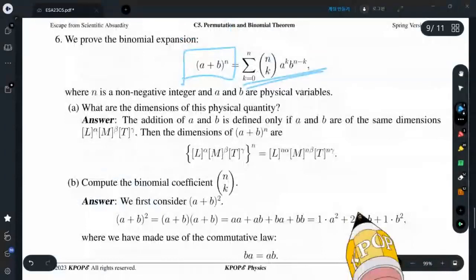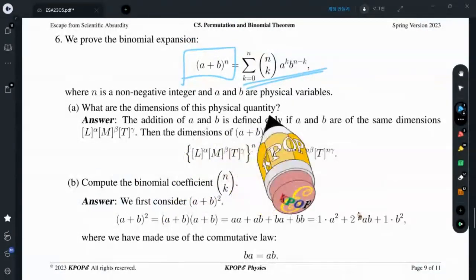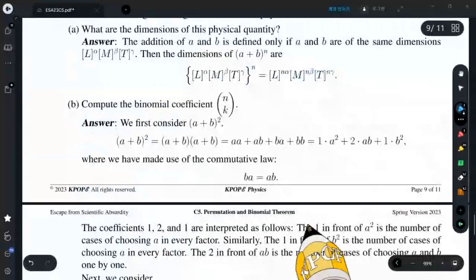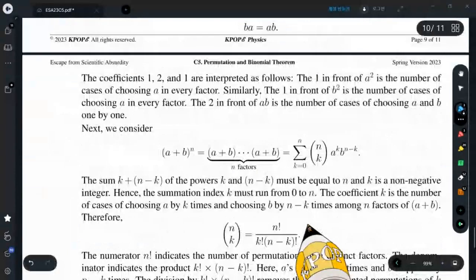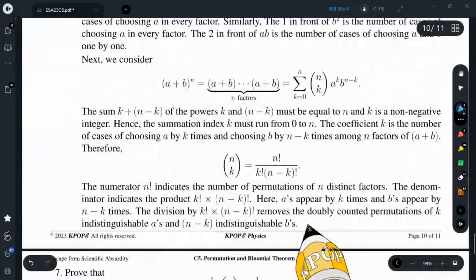Okay. What are the dimensions of the physical quantity? So you should be familiar with how to count the dimensions. Please read this through.